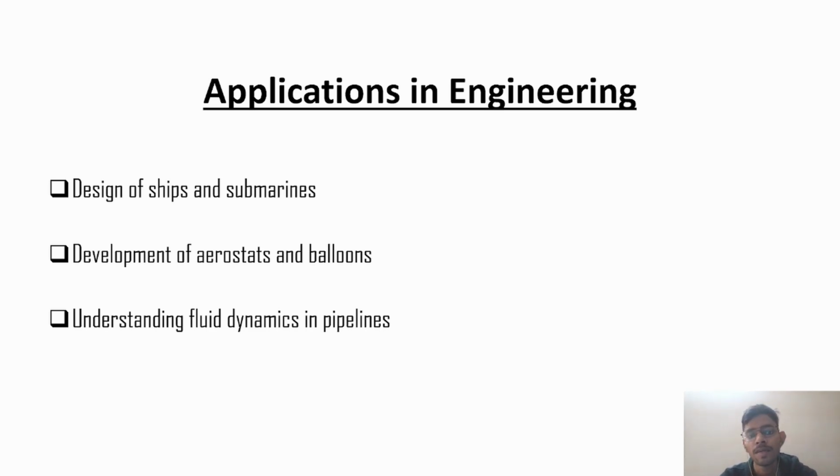We can design ships and submarines using the principle of buoyancy, taking the densities or whatever calculation we need. In pipelines also we can use the concept of fluid dynamics and buoyancy.